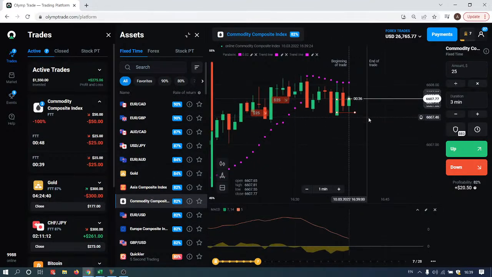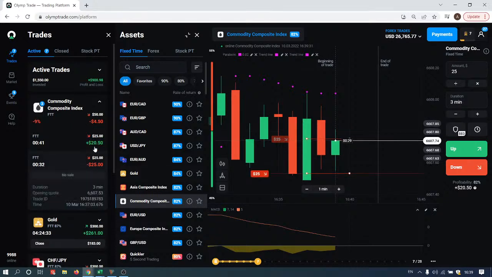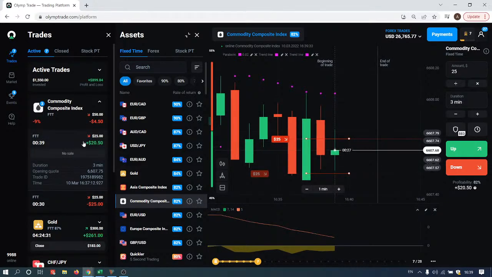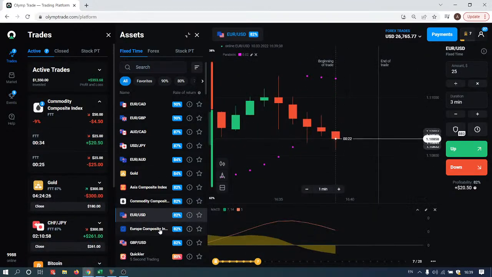So it's again commodity composite index, and can I cancel this trade? No, I cannot cancel that trade. So the Euro USD.